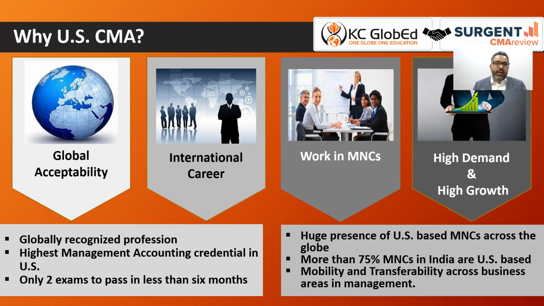It does not require a long internship. It does not require multiple exams. It does not require a long waiting time. You can complete the 2 exams in just 6 months after your graduation and be ready for the job immediately after that, right? So any question or any doubt here before I jump into the next slide?